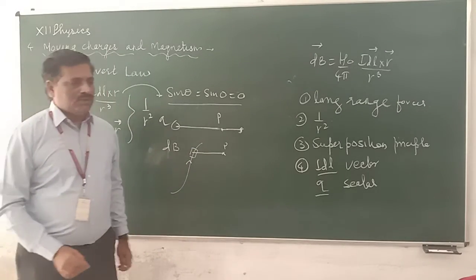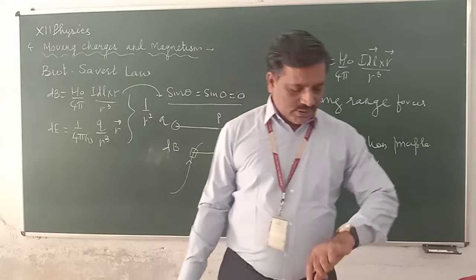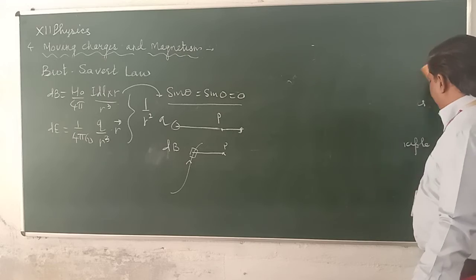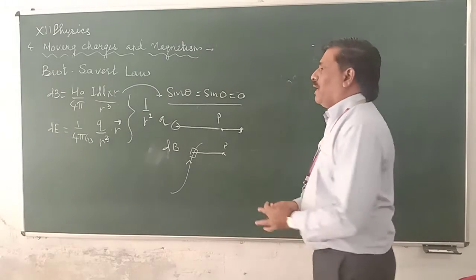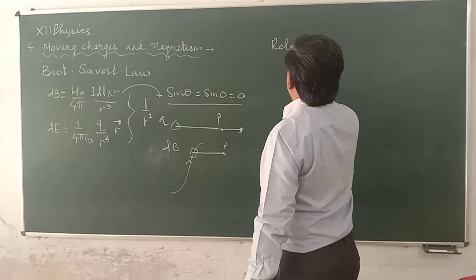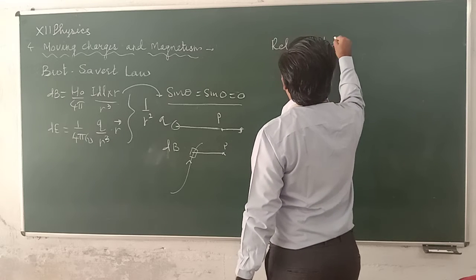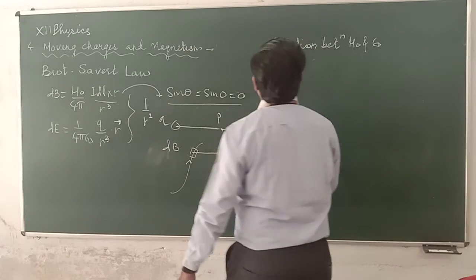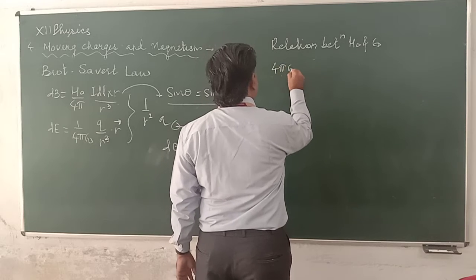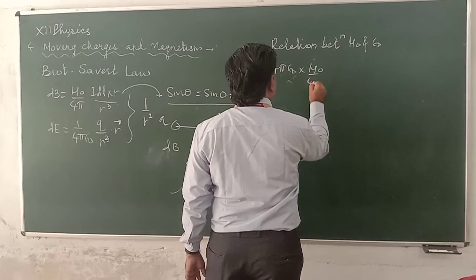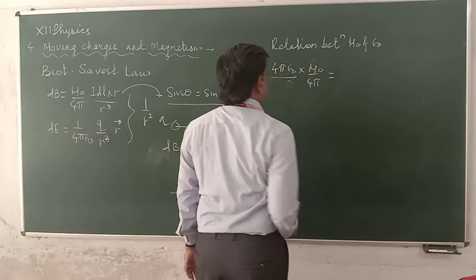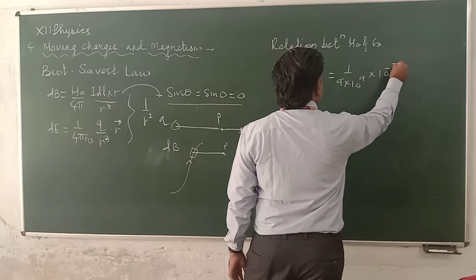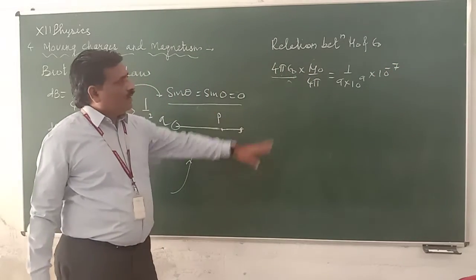These two laws give you an interesting relation between mu 0 and epsilon 0. What is this relation? Let us see now. We can take the relation between mu 0 and epsilon 0. 4 pi epsilon 0 into mu 0 upon 4 pi; the value of this one is 1 by 9 into 10 raised to power 9, and the value of this one is 10 raised to power minus 7.